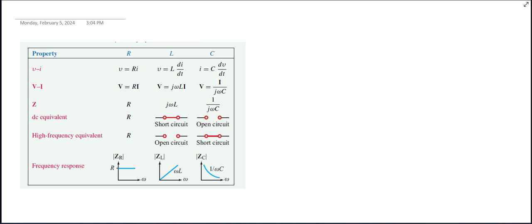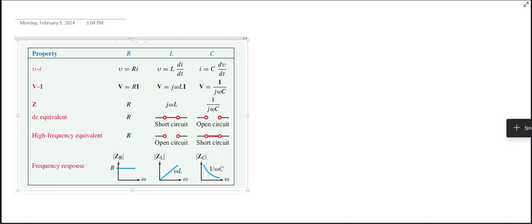It may not seem that way, but I just wanted to let y'all know that we're really doing this to make things easier. And you just have to trust me that if we didn't change to the phasor domain, it would be really, really hard.